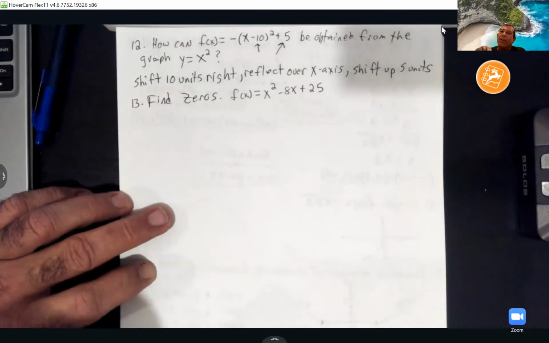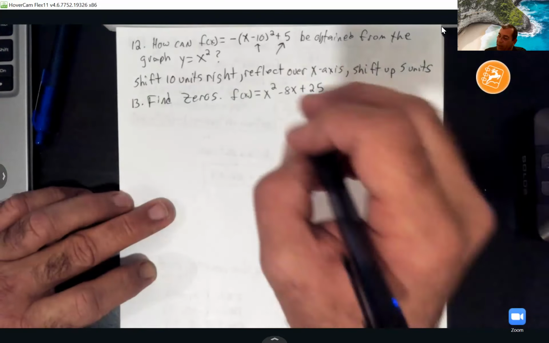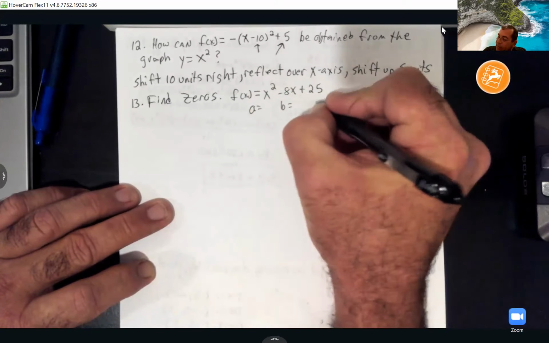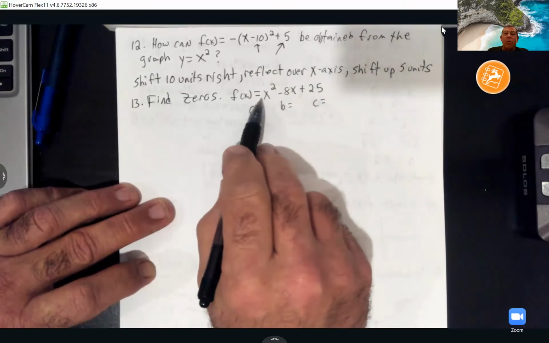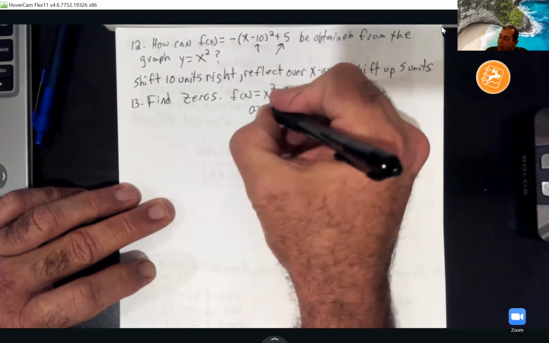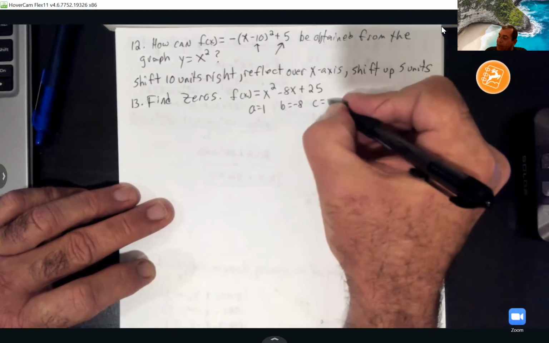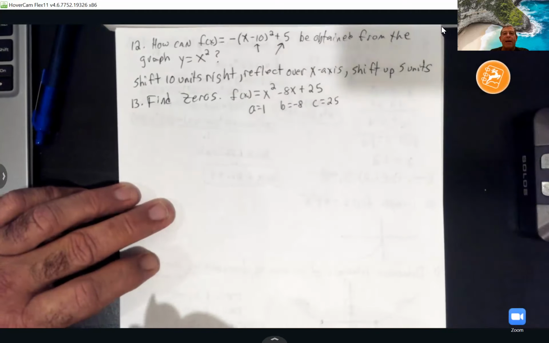We're going to have to use the quadratic formula. So I got to figure out my letters. So no number in front of x squared, that means a will be 1, b will be the negative 8, and c will be 25.